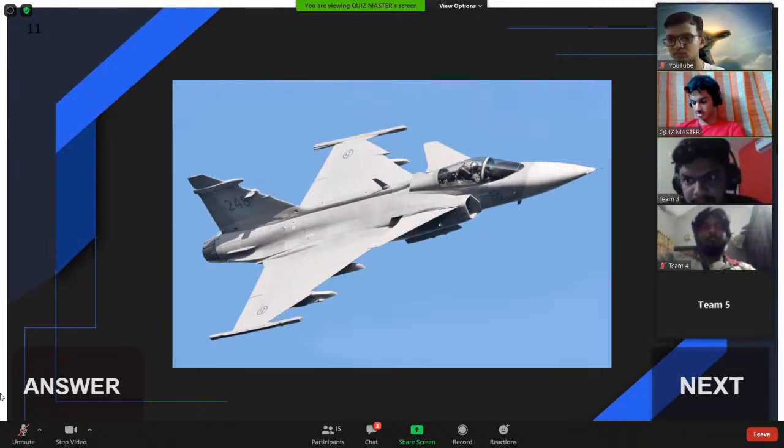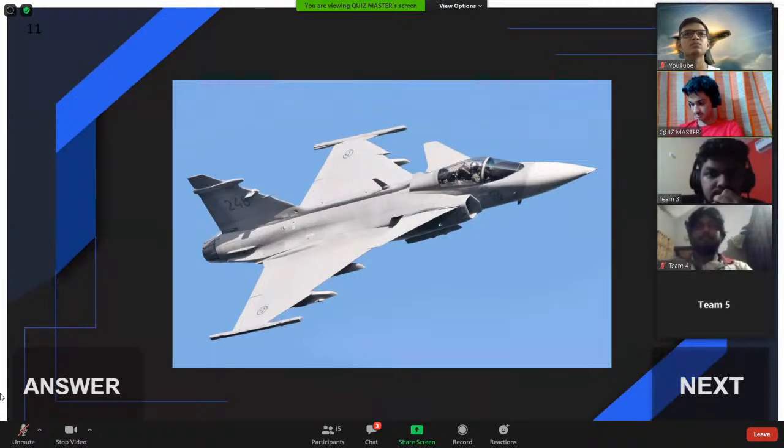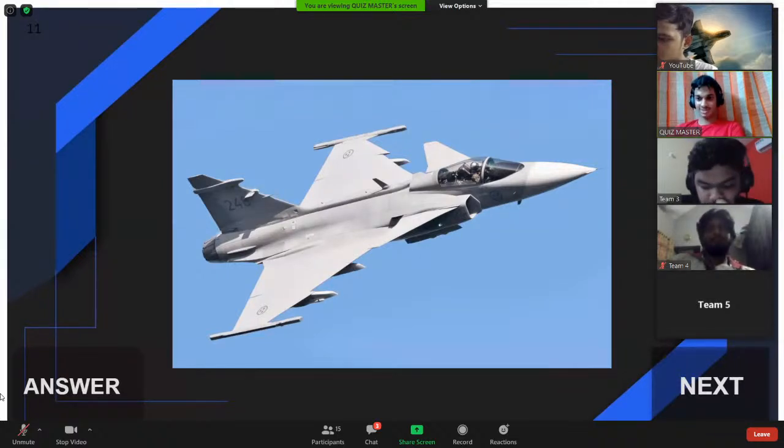Team 6 has pounced. Team 3 has also pounced. I'm closing pounces now. Few right answers, few wrong answers. Direct to team 5.